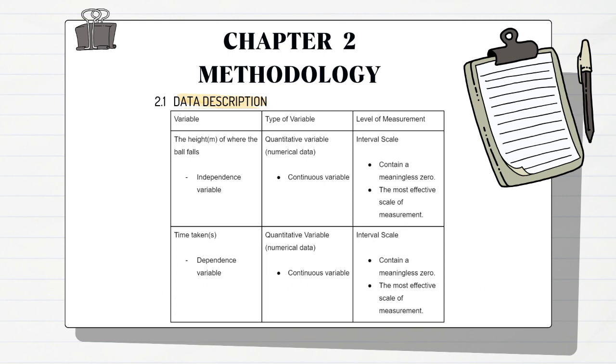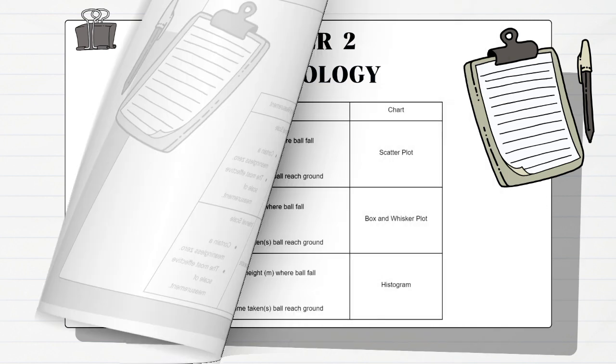Type of variable for height is quantitative variable, and the level of measurement for height is interval scale. For the time taken, type of variable is quantitative variable, and the level of measurement for time taken is interval scale.